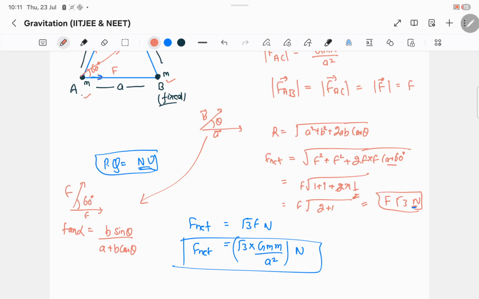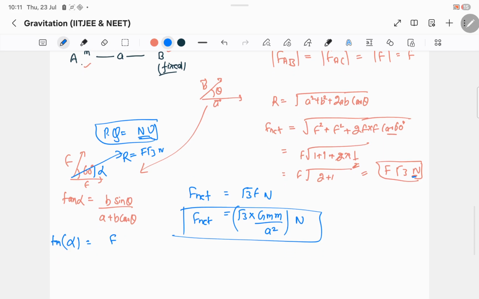So if you want to find the resultant direction, this is the resultant value that you found, F root 3 N. So what will be the angle alpha for this? To find angle alpha, in place of b and a we have both F. So F sin 60 over F plus F cos 60.